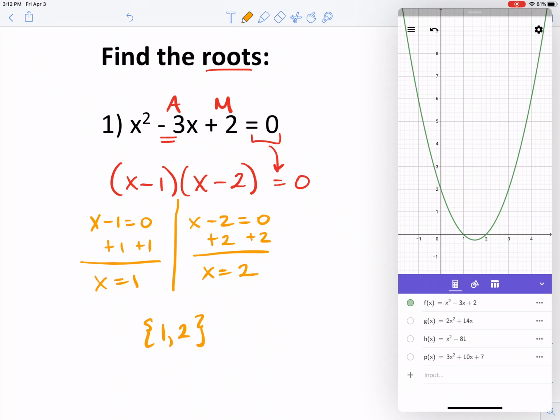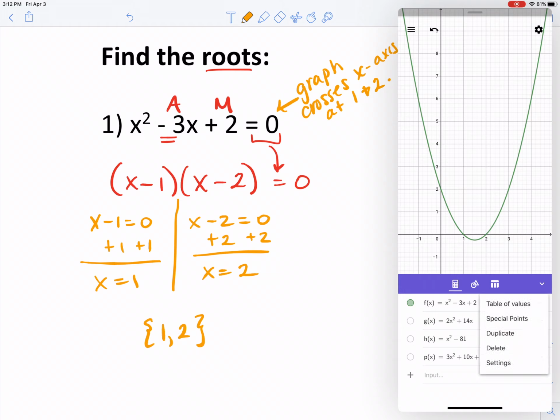I can't point to it, but trace the green parabola with your finger or with your eyes and check out where it crosses the x-axis. Do you notice that the graph crosses the x-axis at 1 and 2?